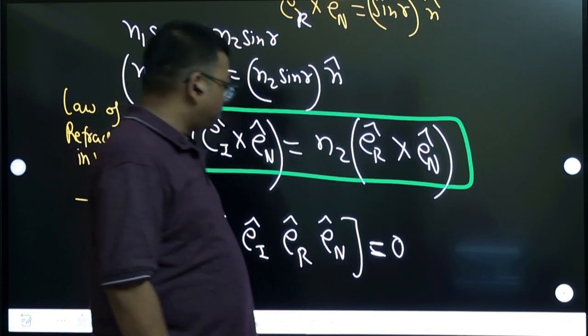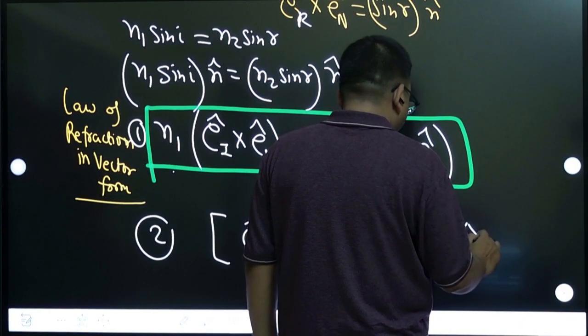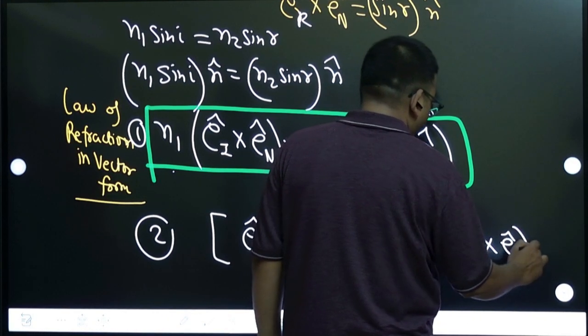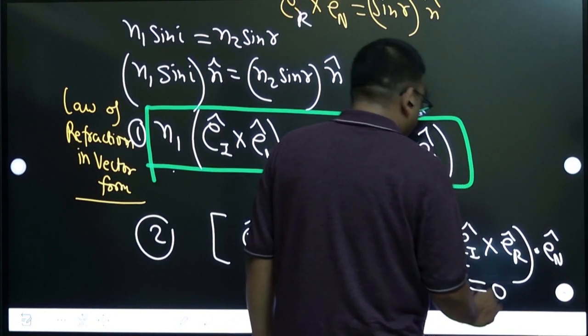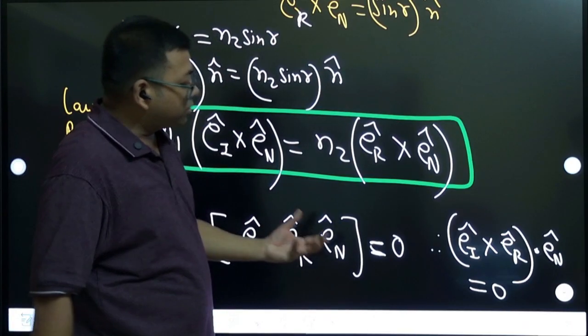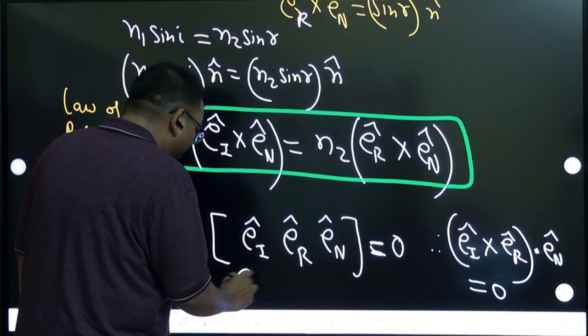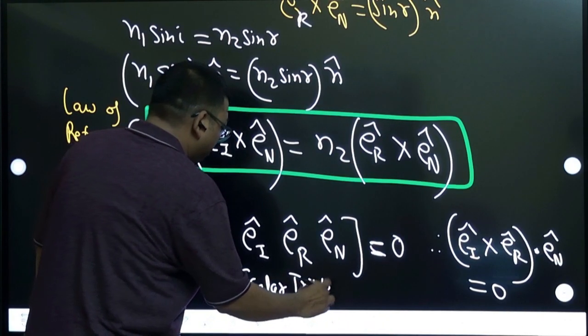This cross this, dotted with en cap, is 0. This is called the scalar triple product.